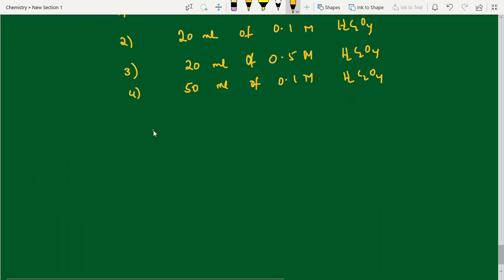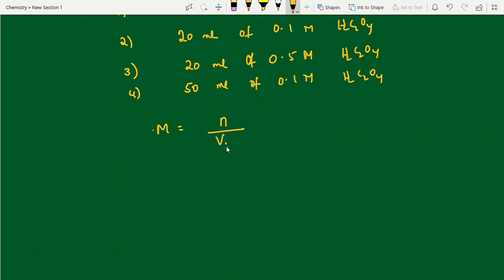What is the formula? Molarity equal to number of moles of solute by volume in liters. Here molarity, how much they gave starting? 0.1 molar KMnO4 they gave, right? And next one, volume, how much? 20 ml they gave, students. But we have to convert into liters. 20 by 1000, right?